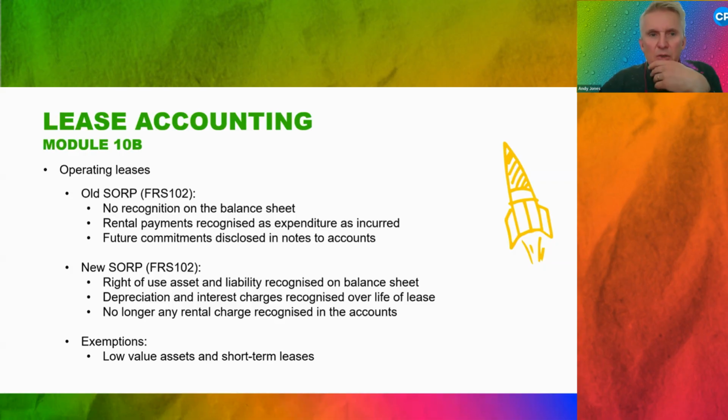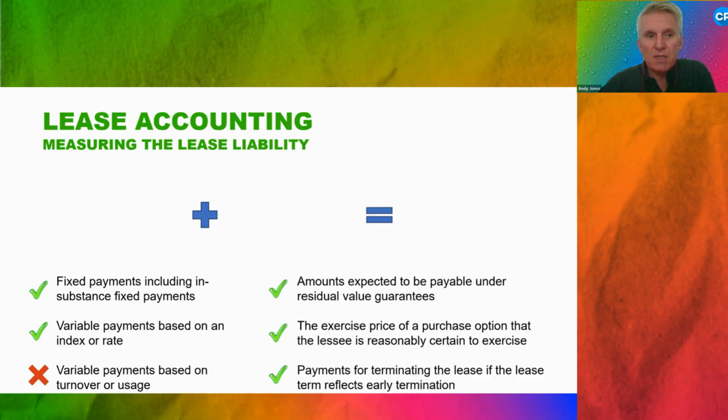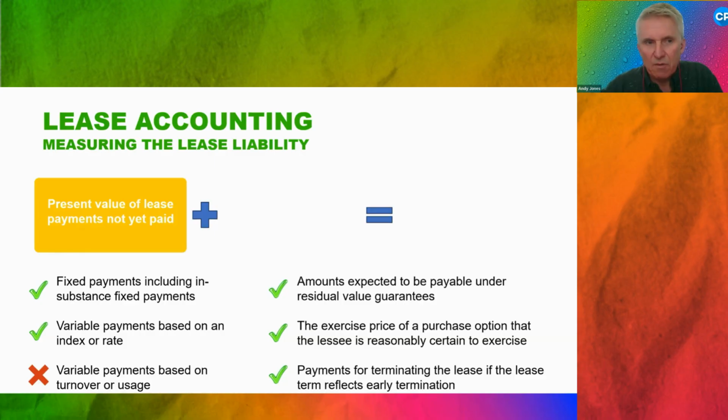So the first thing you have to do once you've established that you've got a lease is measure the lease liability. Essentially, that's the present value of all the lease payments that have not yet been paid. You're doing this at the commencement date of the lease, so you've got to go back to the start of the lease to work this out.